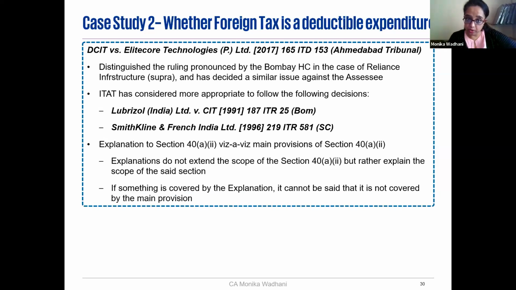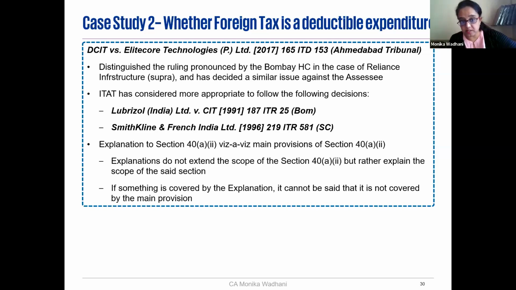Thereafter, after Bombay High Court ruling, there is another ruling of Allied Core in Ahmedabad Tribunal, wherein Ahmedabad Tribunal has distinguished the Bombay High Court and it has placed reliance on Lubrizol and Smithline Supreme Court ruling and has taken a position that explanation to section 48(2) vis-a-vis main provisions of 48(2) do not extend the scope of 48(2).